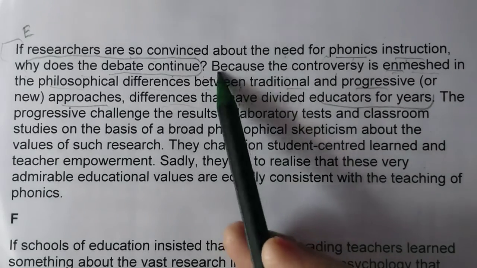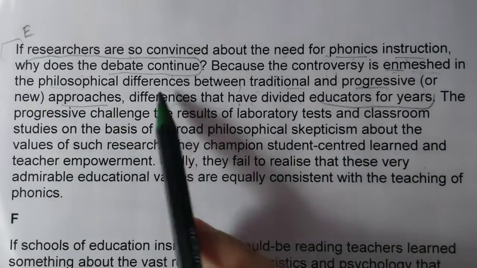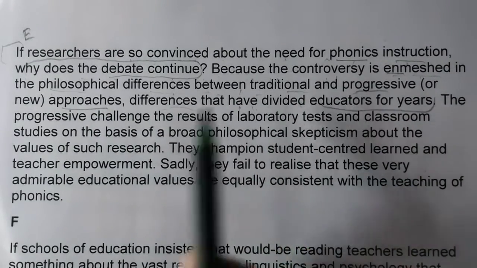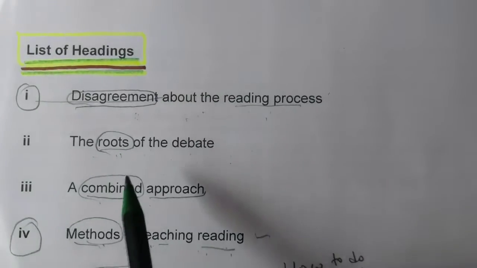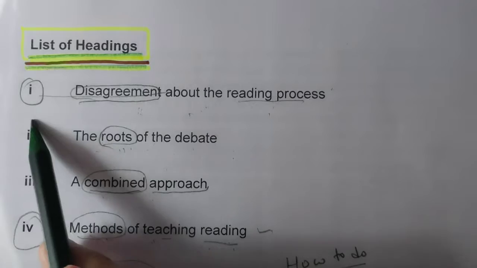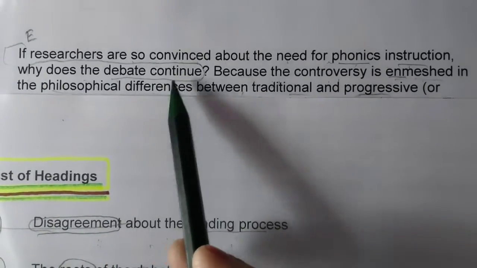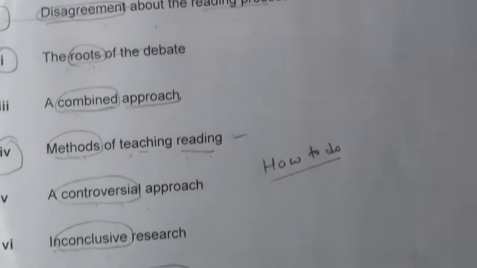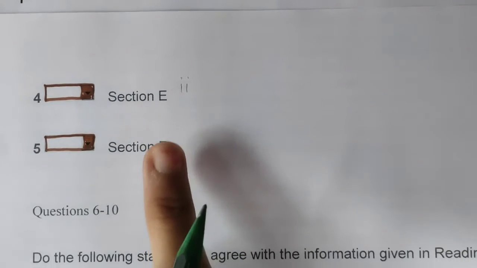Now he is giving the reason: because the controversy is enmeshed in philosophical differences between traditional and progressive. So I have got the clue. You can say this, the roots of the debate. So we can select it for second number, for E paragraph. For section E, this is second.